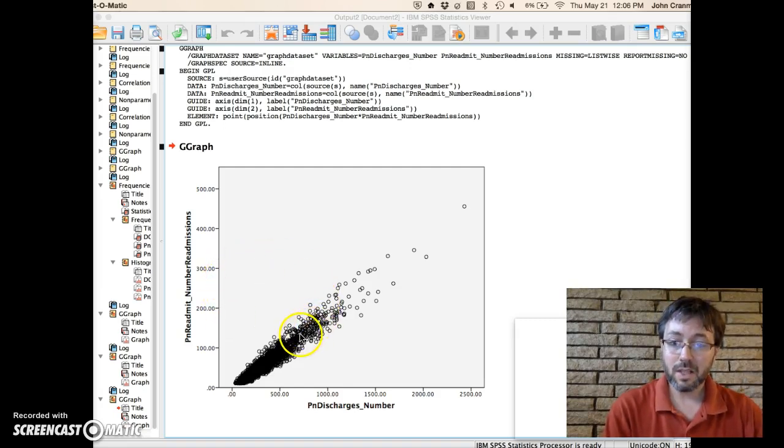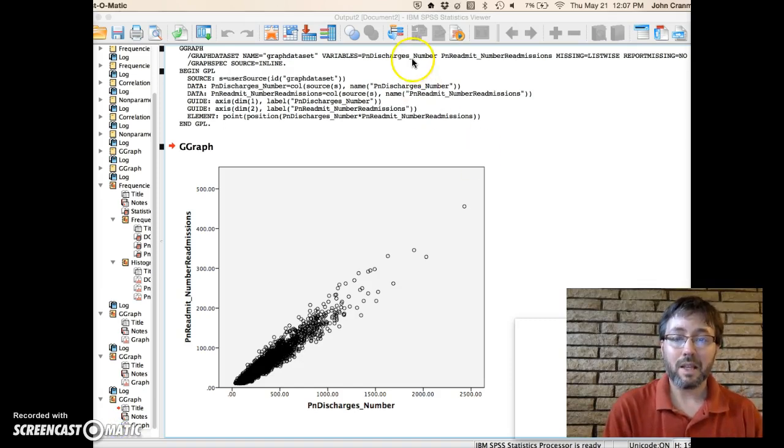What's interesting is to see how profoundly strong this relationship is. You can see it if you draw a line through the center of your observations. It's almost a one-to-one correlation. As the number of discharges goes up, the number of readmissions goes up. And we said before that the proportion of readmissions is approximately 20%.